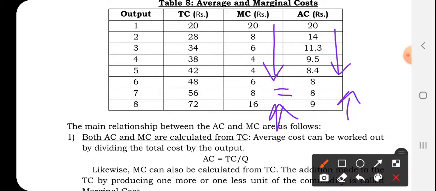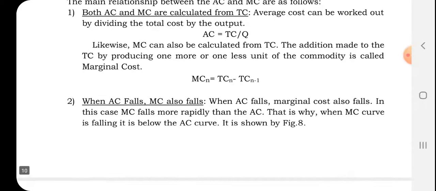After this point, the average cost starts increasing. The marginal cost starts increasing before the average cost. At its minimum point, the average cost becomes equal to marginal cost, and after that, the average cost starts increasing.